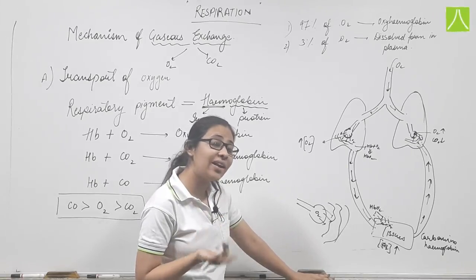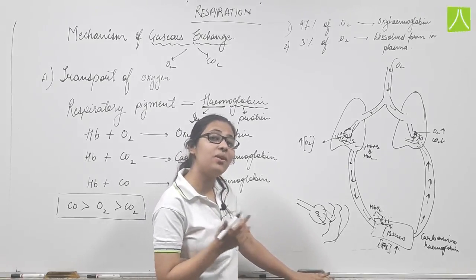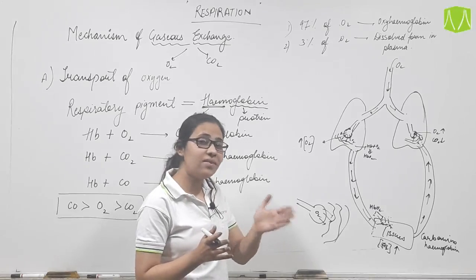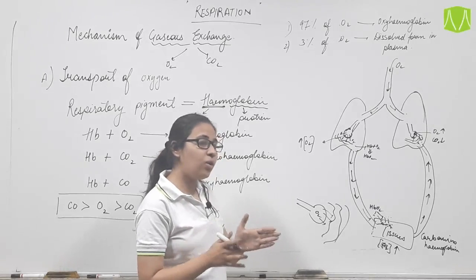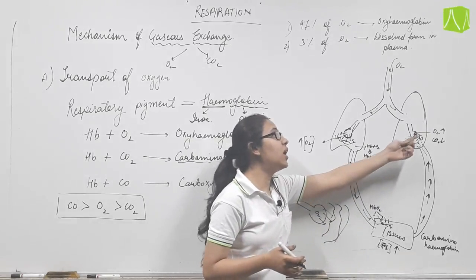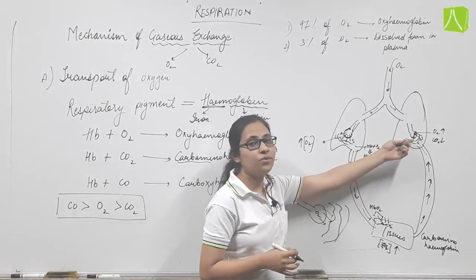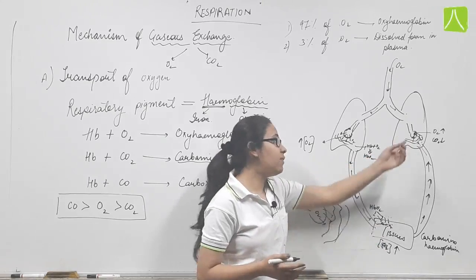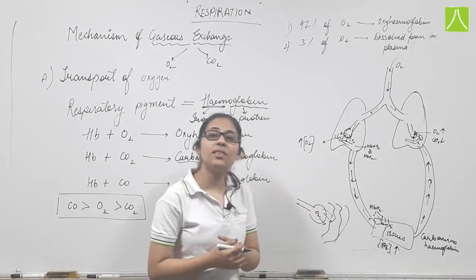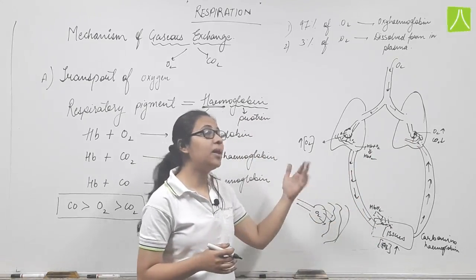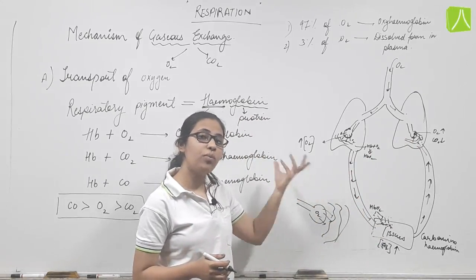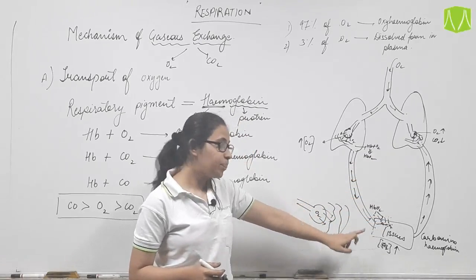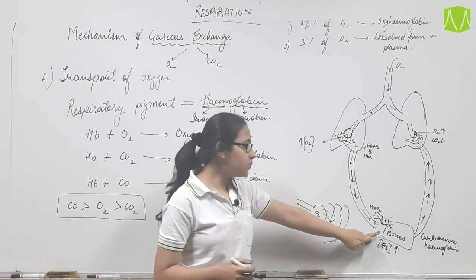The hemoglobin again shows dissociation, and the structures formed are hemoglobin and CO2. Now that CO2 diffuses into the alveoli, because the concentration of CO2 is less in the alveoli, and the hemoglobin which is left after dissociation will again bind with the oxygen to form oxyhemoglobin, which again travels through the blood vessels.